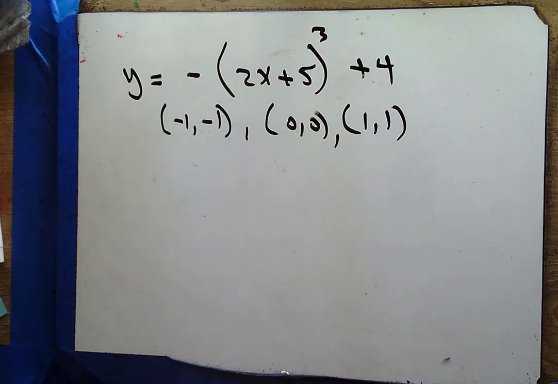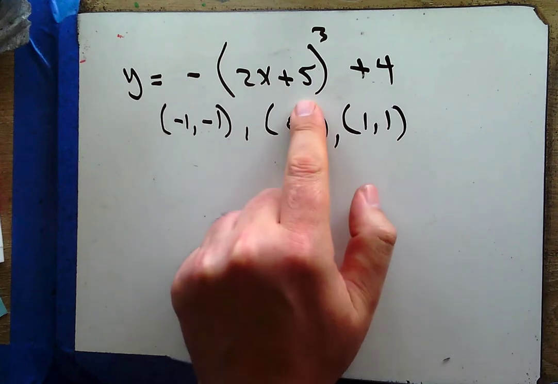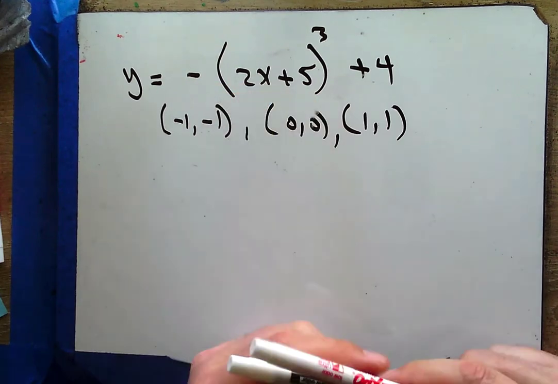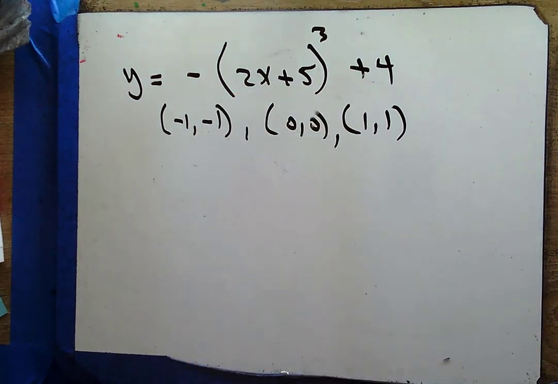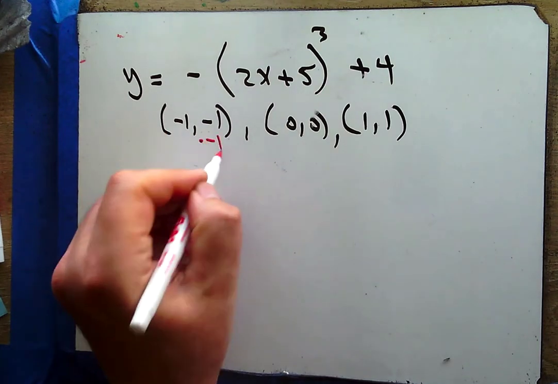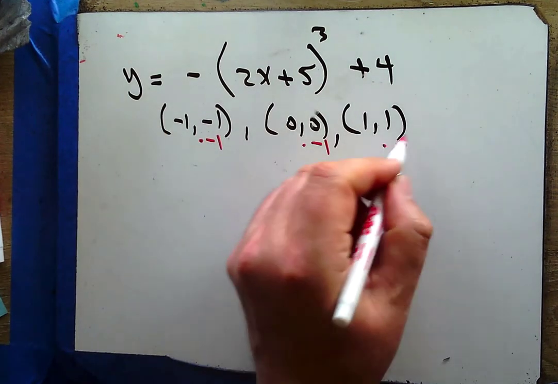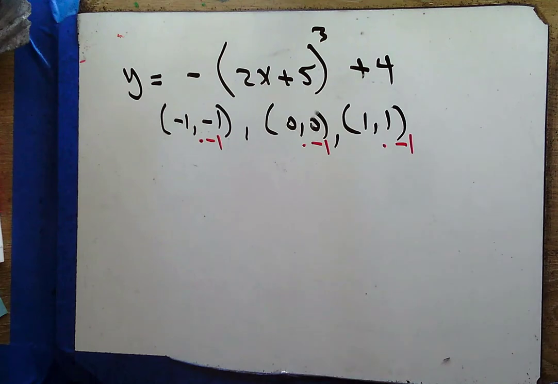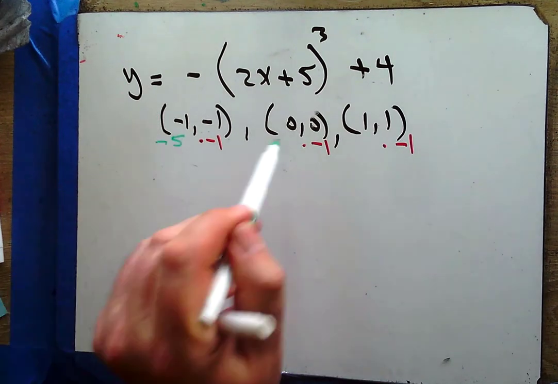No, I follow SADMAP. SADMAP says I need to subtract 5 from all the x's and then divide the x's by 2. So I'm going to multiply the y's by -1, and then I'm going to subtract 5 from all the x's.